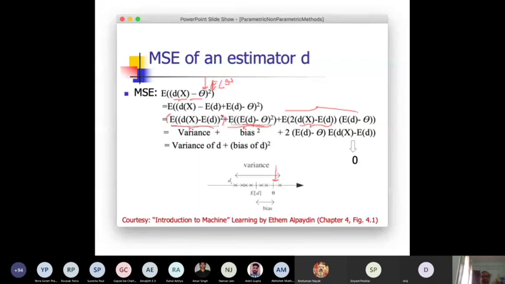So if I say that for the estimation of the mean of the population distribution, or the expectation of the distribution, where the estimator is the sample mean, what should be the mean squared error of that estimator?